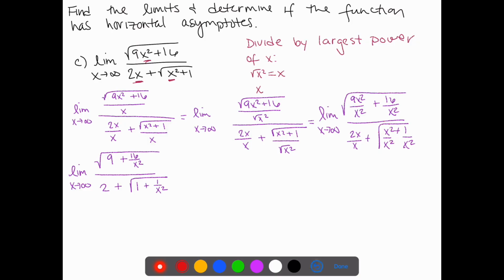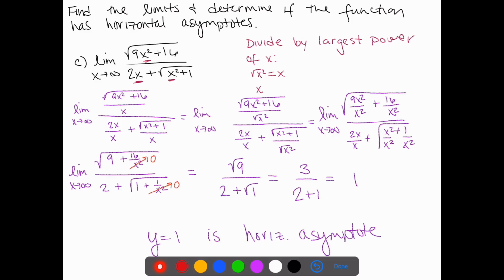All right, so finally, now that we've simplified, we can plug our infinity in. And we're going to use that same fact that anytime we have a constant or a finite number over infinity, it's going to go to 0. And so what we're going to be left with in the top is the square root of 9 plus 0, or the square root of 9, or 3.